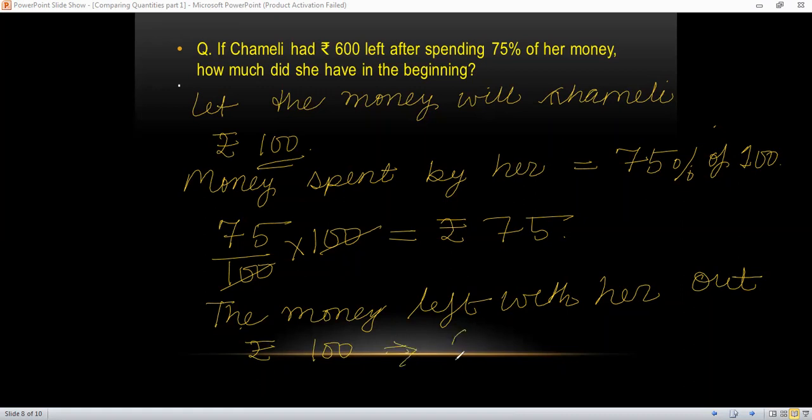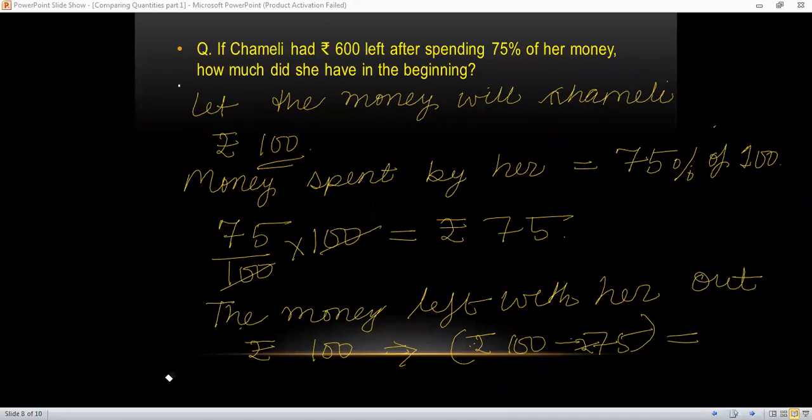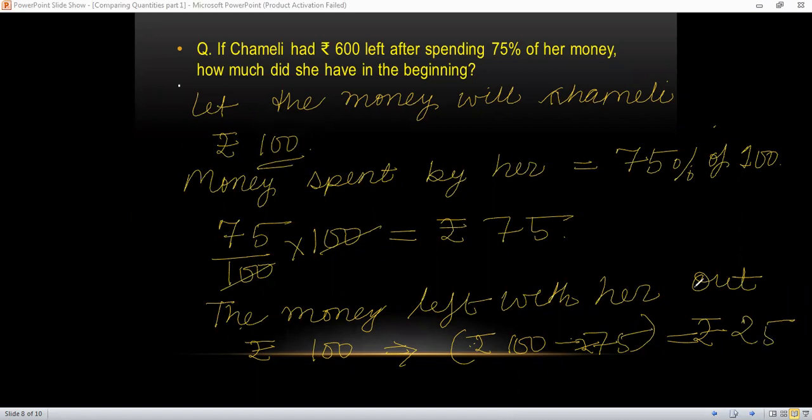That is 100 minus 75, that is 25 rupees. Here we have assumed that she is having 100 rupees. So after spending 75 rupees, she is having 25 rupees.